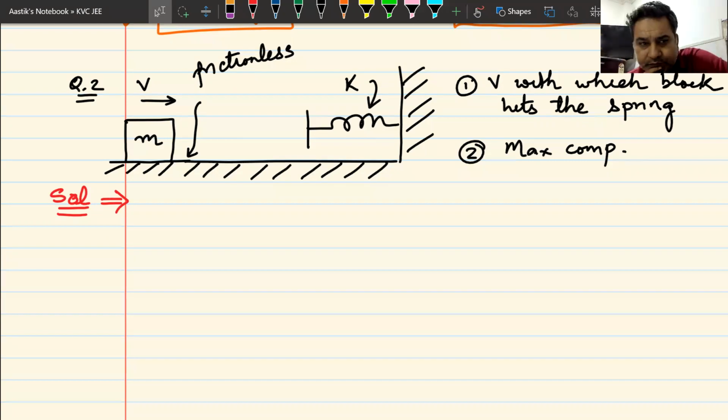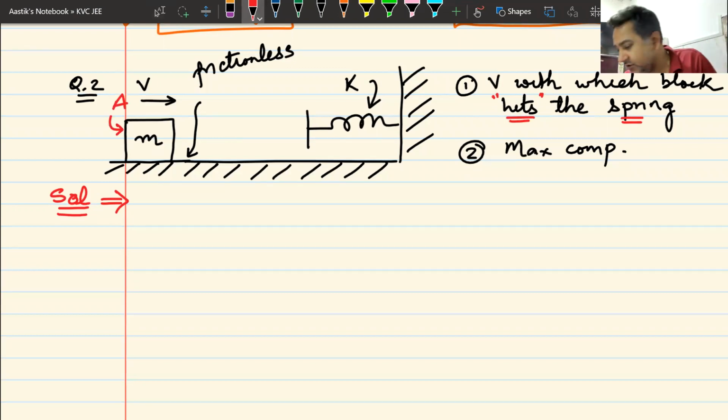So anyone with the answer for the first part? Velocity with which the block hits the spring? With how much velocity is the block going to hit the spring? So I can call this position as position A, the original position.